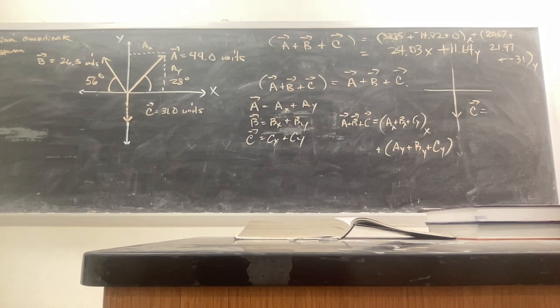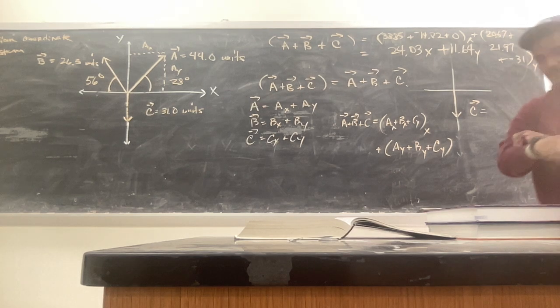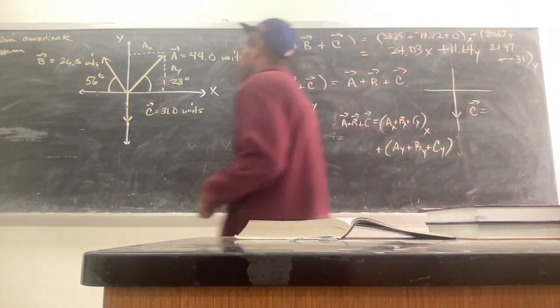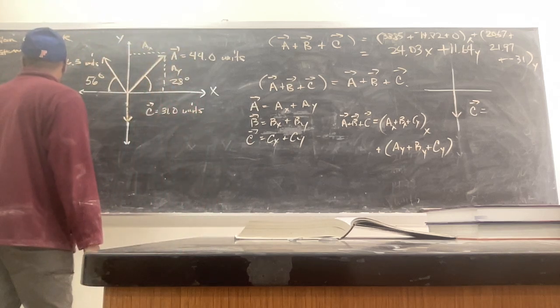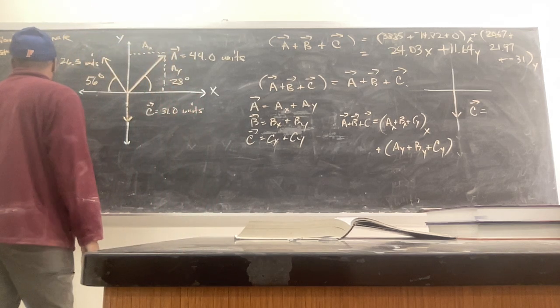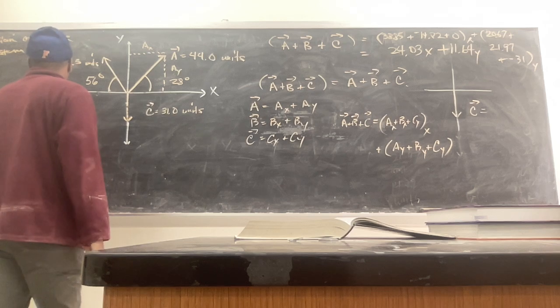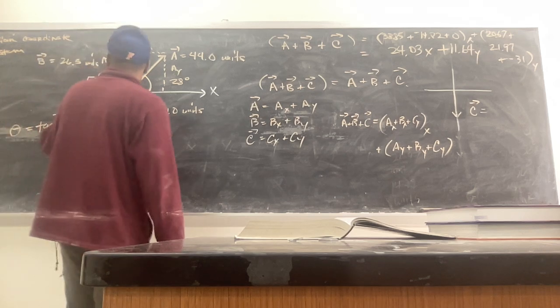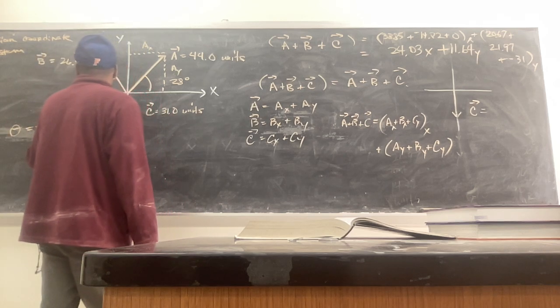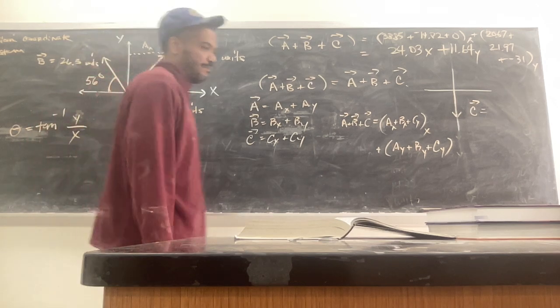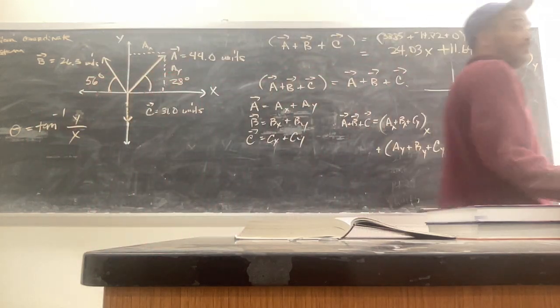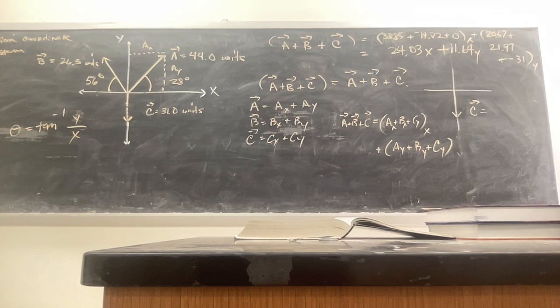So then what's the direction of the new vector? The direction is the inverse. That's finding theta. That's the inverse tangent of the y component over the x component. So that's how I determine in which direction.